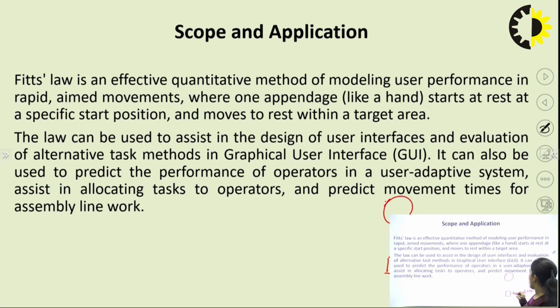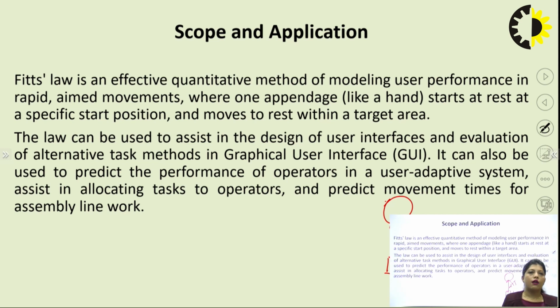The user can reach it, and this is the movement time, so we have to calculate this time. The law can be used to assist in the design of user interfaces and evaluation of alternative task methods in graphical user interfaces.